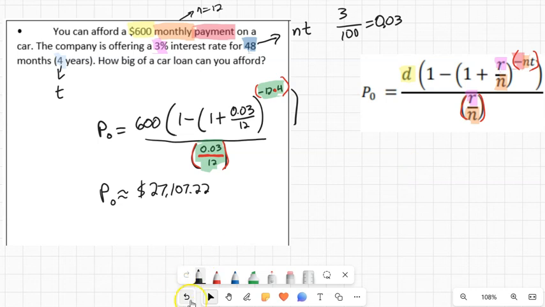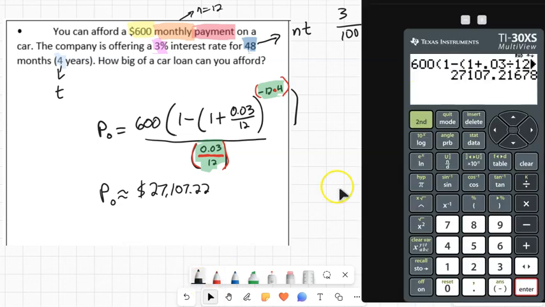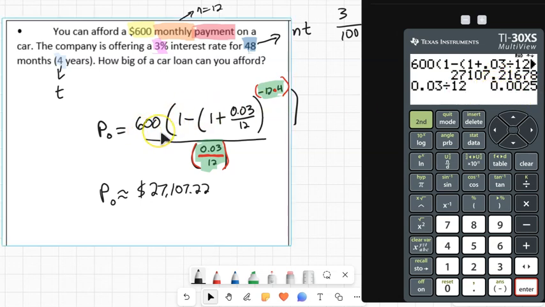Okay. Now, a way to speed this up a little bit, this 0.03 divided by 12 shows up twice in this problem. So if we work it out first, and then use the answer button to call that up in our next expression, it's a little bit more efficient.